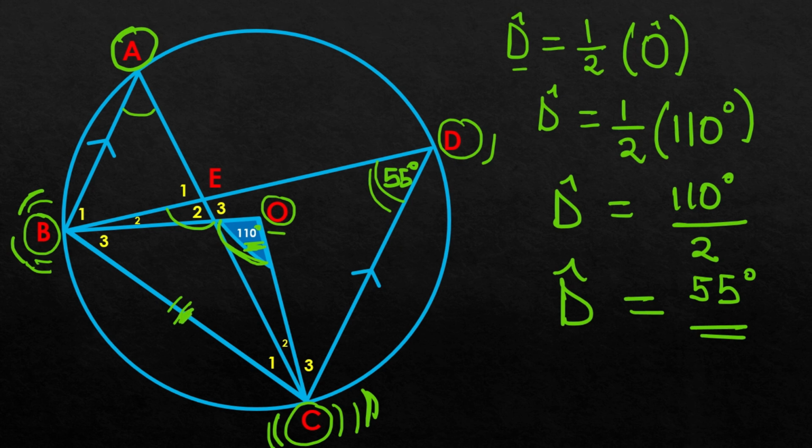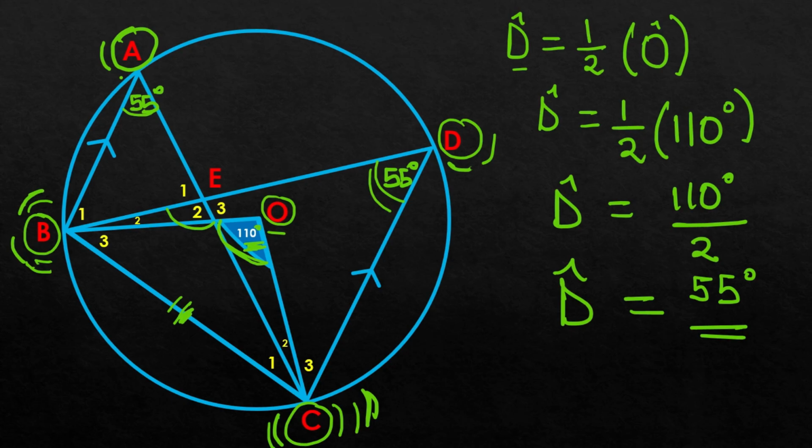So whatever applies to angle D also applies to angle A, and therefore angle O, which is 110 degrees, is twice the size of angle A. So we have established the fact that angle D is 55 degrees, which is half of angle O, and therefore it also applies to angle A. So this is also going to be 55 degrees.